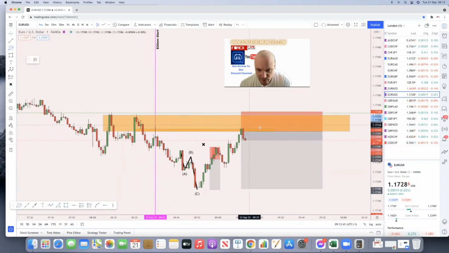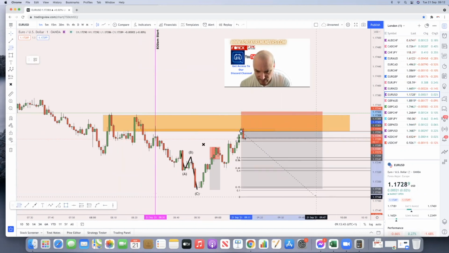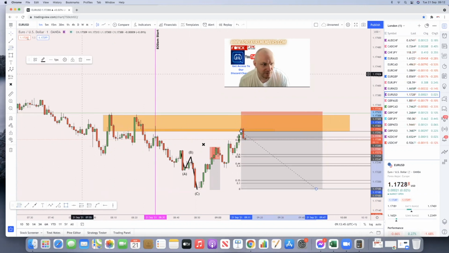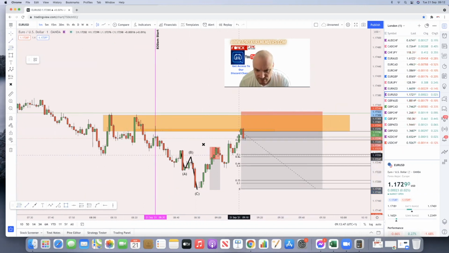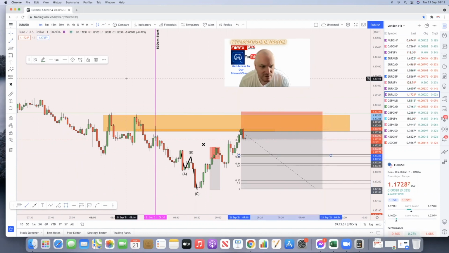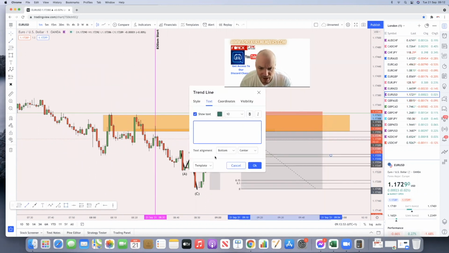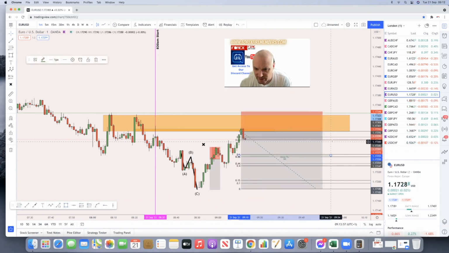Again, on the fibs, we go down, move this out. This is our break or move to break even.